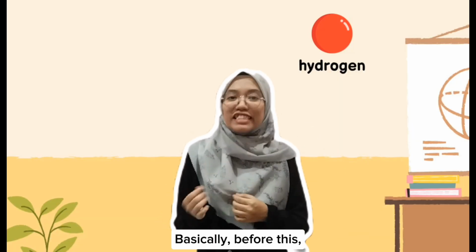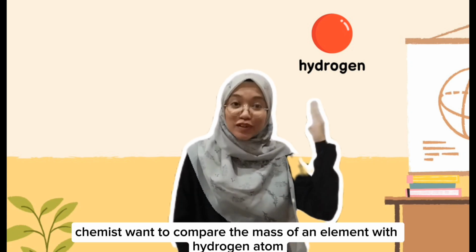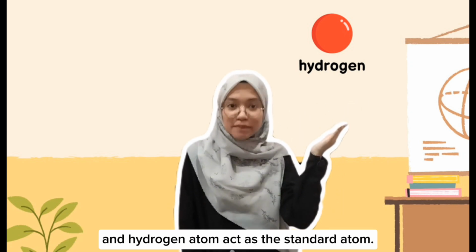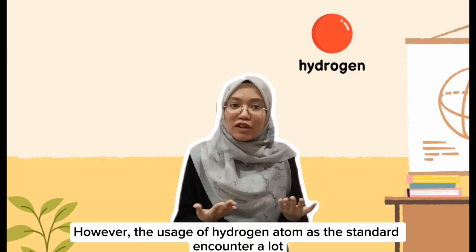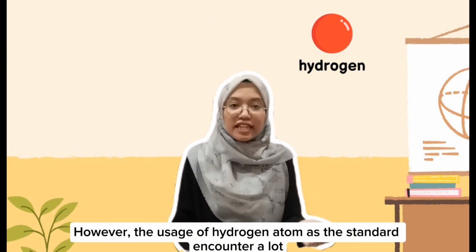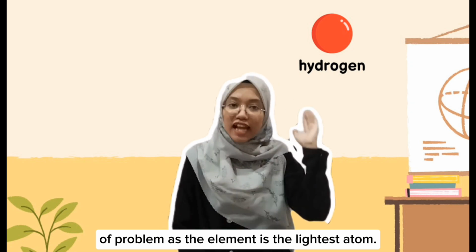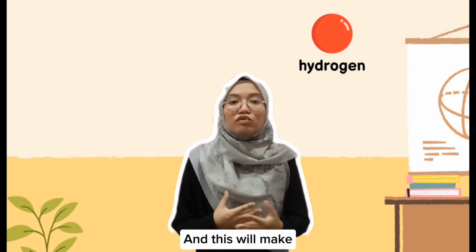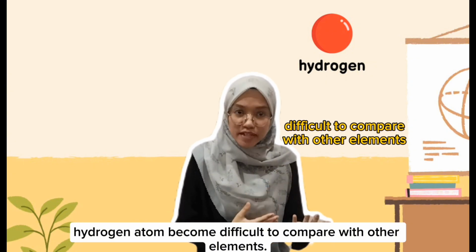Basically, before this, chemists wanted to compare the mass of an element with the hydrogen atom, and the hydrogen atom acted as the standard atom. However, using the hydrogen atom as the standard encountered a lot of problems, as the element is the lightest atom, and this makes it difficult to compare with other elements.